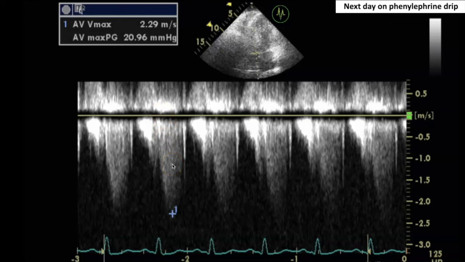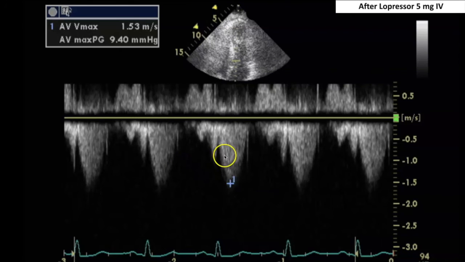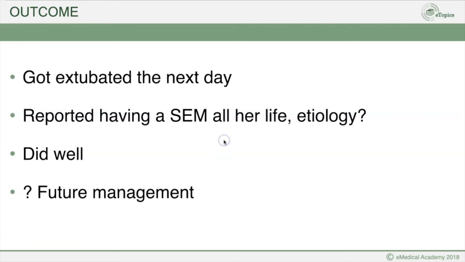And I was lucky enough to catch the nurse giving 5 milligrams of Lopressor that we had decided to give the patient, and you can see that the gradient was even further reduced. So this was a very cool demonstration of physiology with echo at the bedside, which was very rewarding.